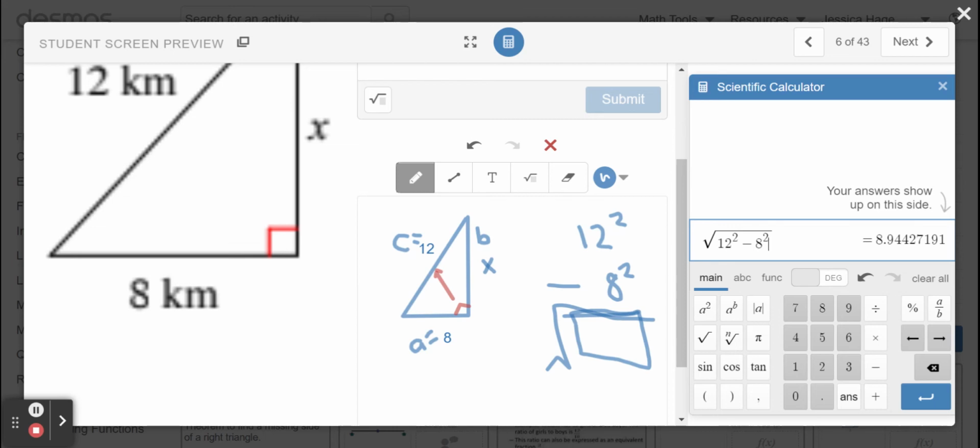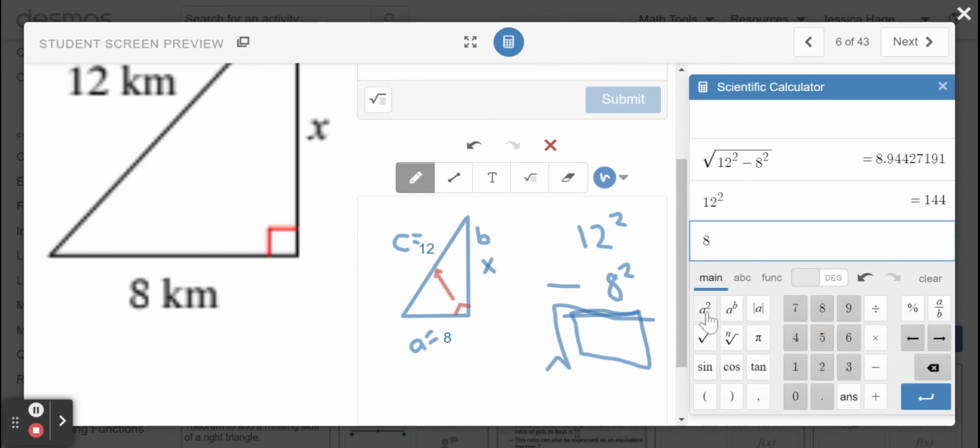So 12 squared minus 8 squared is 8.94. Now, if you want to see those separate, okay, 12 squared is 144. 8 squared is 64. And so if you add those both up, you will get 208.